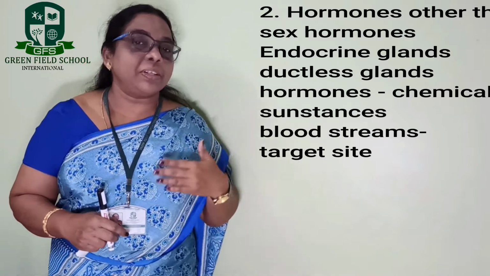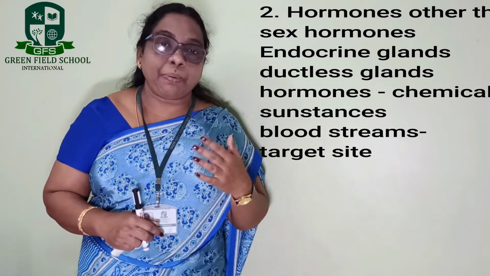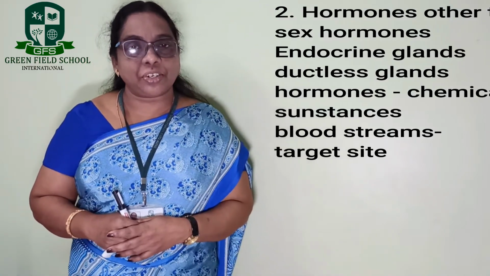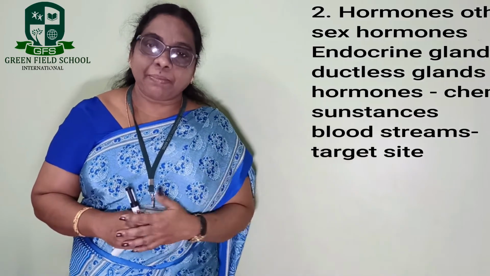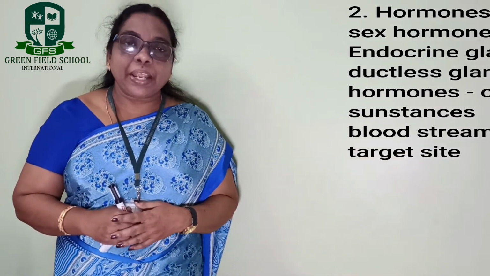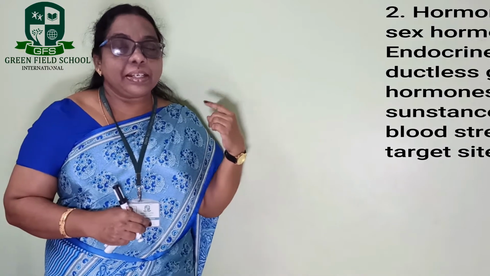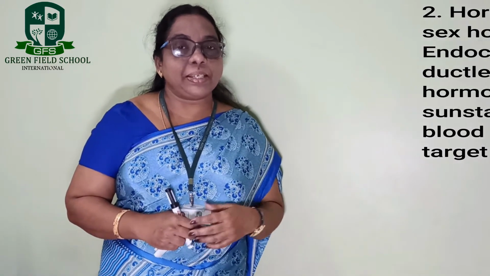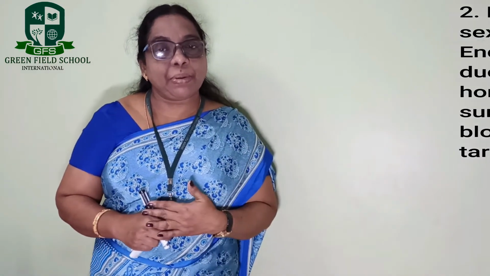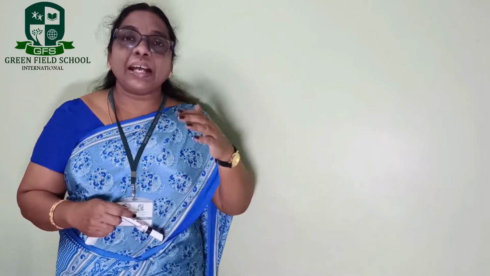You studied in the previous topic how it plays a role in developing the secondary sexual characteristics and gamete formation, etc. In the female reproductive system, the ovaries are the reproductive organs, and they produce estrogen and progesterone. Other than these three hormones, we are going to study some more hormones.